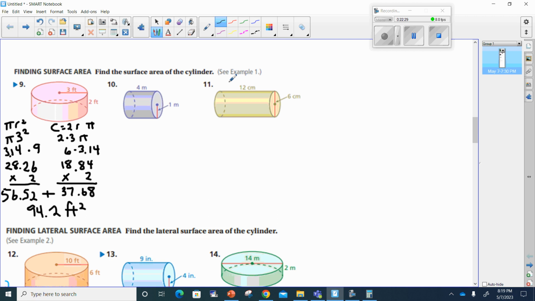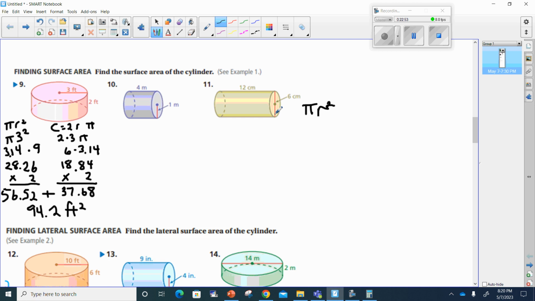All right, let's go to number 11 next. Number 11 is much of the same, except they give us a diameter this time. So it's actually a little easier in some ways, harder in others. Harder in finding the area of a circle, because remember the area of a circle is pi r squared.